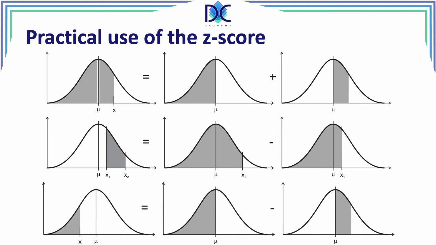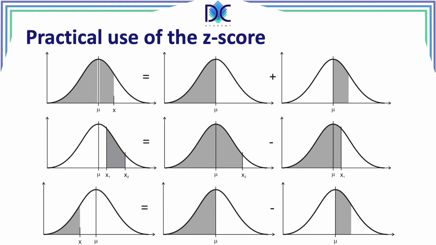Another element we can have is negative values. In a table where z equal to 0 gives 0, we don't have negative values. If we have a table with negative values, we can read automatically what that surface is. If we don't have it, we can say that the surface to the left of x is equal to everything to the left of mu minus the surface between x and mu, which, since we have a symmetrical distribution, is the same surface between mu and x.